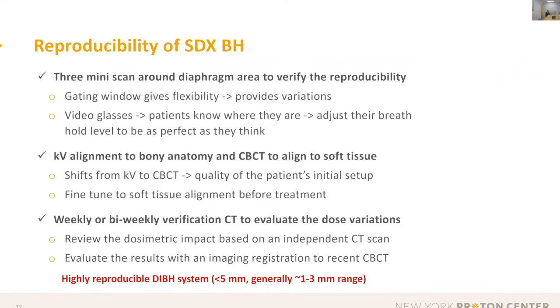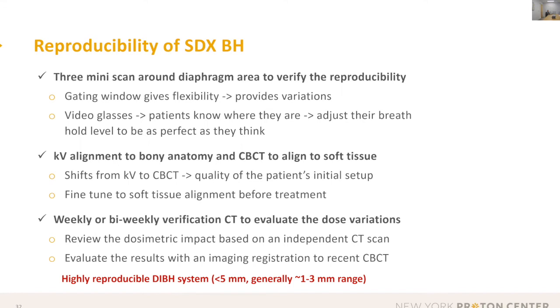patient. The biweekly or weekly verification CT is very common across proton centers, but may not be common in the photon world. We basically review the dosimetric impact by forward calculating on those verification CTs.